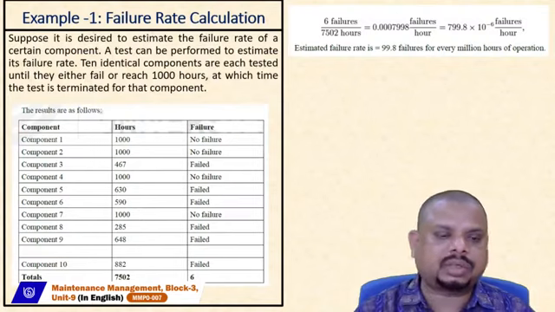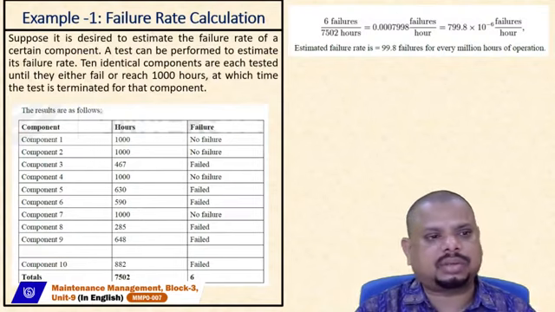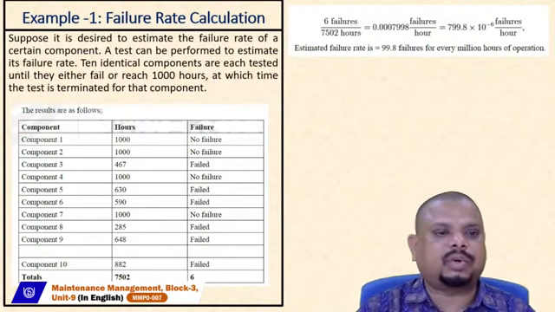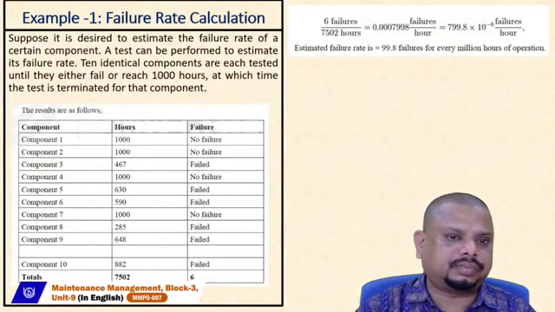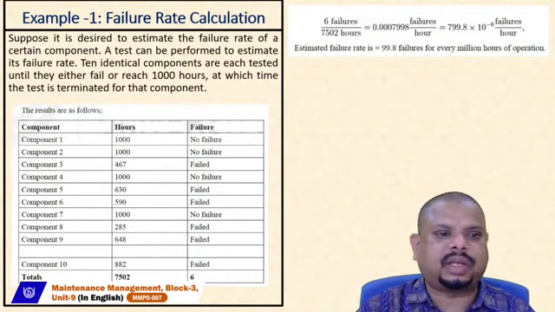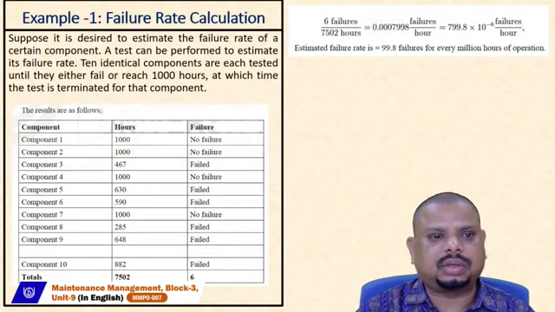Let's understand the failure rate calculation, how the calculation should be done. Let's take an example of estimating the failure rate of certain components. A test can be performed to estimate the failure rate. 10 identical components are each tested until they fail or reach 1000 hours, at which time the test is terminated for the components.